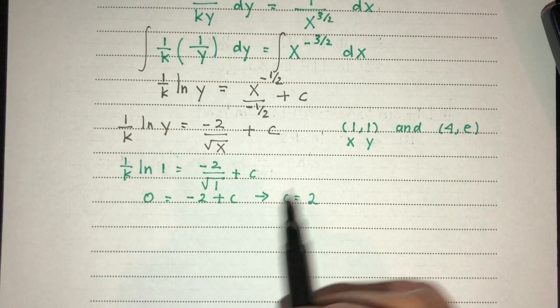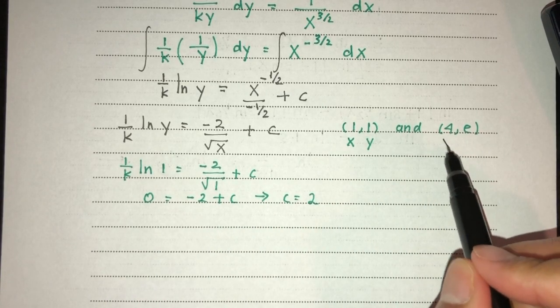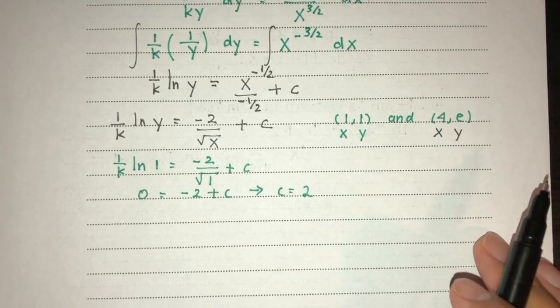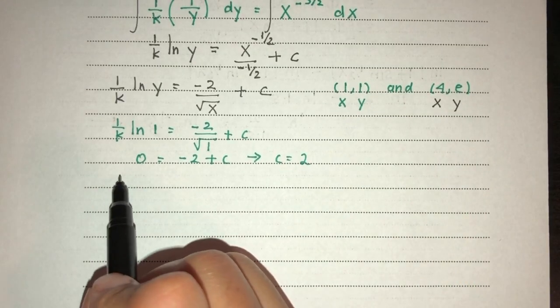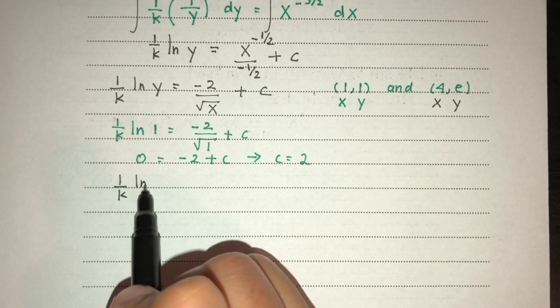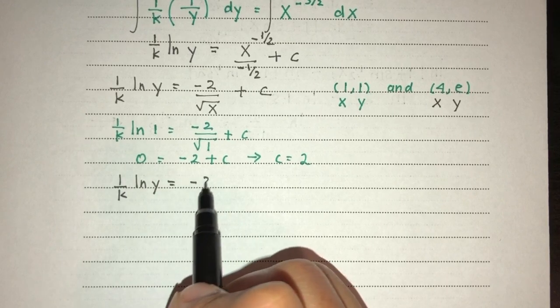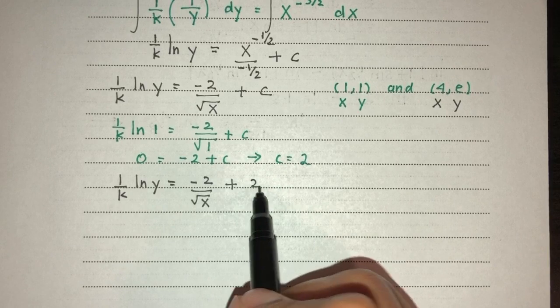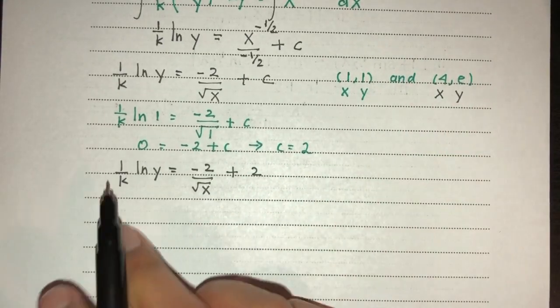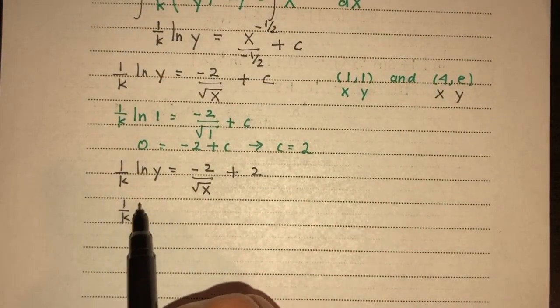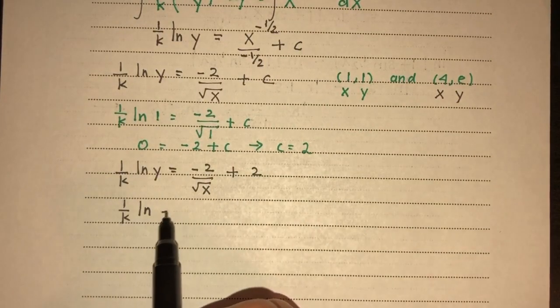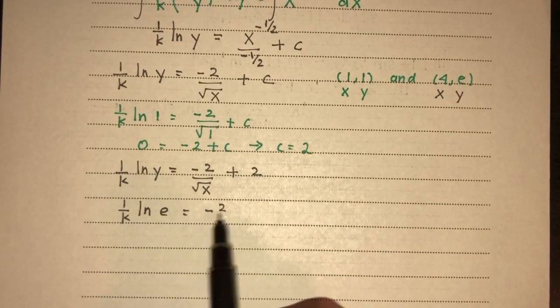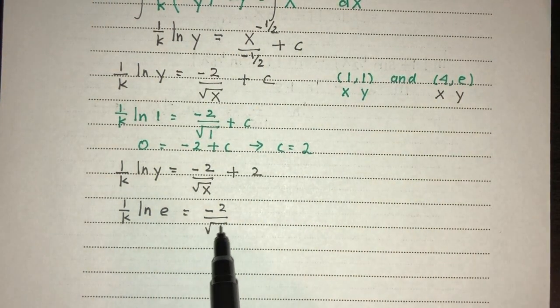Now using that value of c, let's find the value of k using the other x and y. So back to the equation, you will have 1 over k ln y equal to minus 2 over root x plus 2. Now replace this one back in the equation. 1 over k, y is e, equal to minus 2 over root of 4 plus 2.